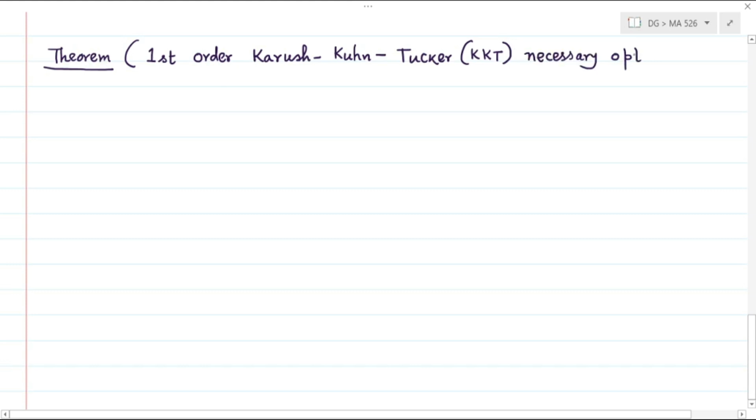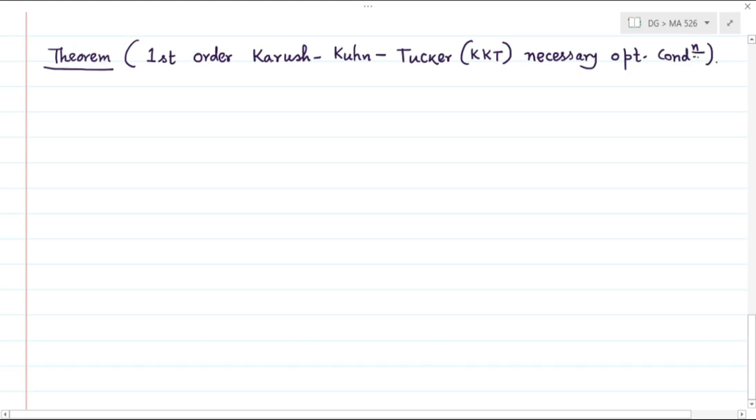This is your first order Karush-Kuhn-Tucker, or abbreviated as KKT, first order KKT necessary optimality condition. Optimality condition for constrained optimization problems.